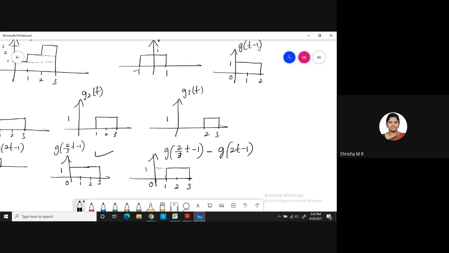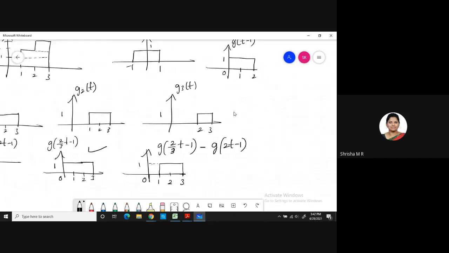If you write g of t minus 2, that signal will exist from 1 to 3, but you want from 2 to 3. Not that, my previous one I am telling, g2 of t. That one I am telling you, written in the two equation. Instead of that we can write g of t minus 2. Yes, it will exist from 1 to 3. Correct. You can do like that also.